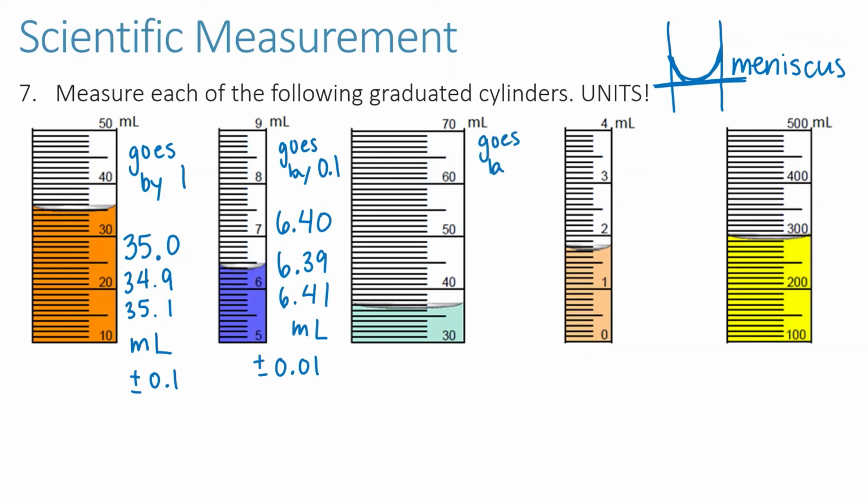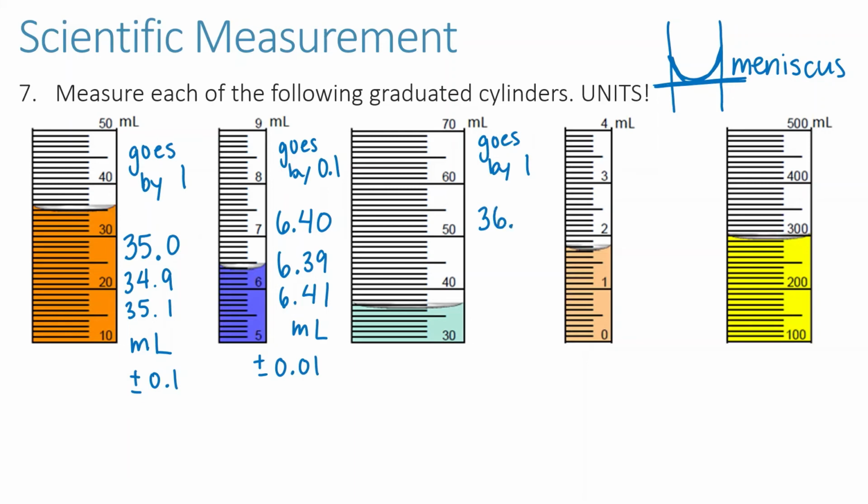For the next graduated cylinder, this is 30 and this is 40. So this first mark must be 31, 32, 33, etc. It goes by 1, so I know the ones place from the tick marks. I know that my tens place is a 3 and my ones place is a 6.